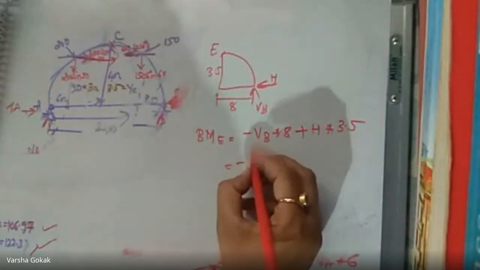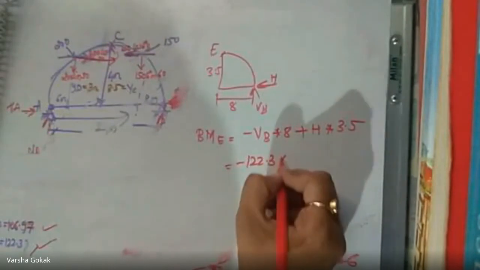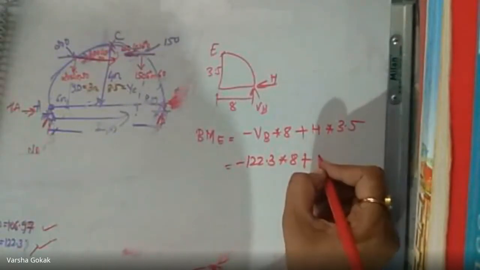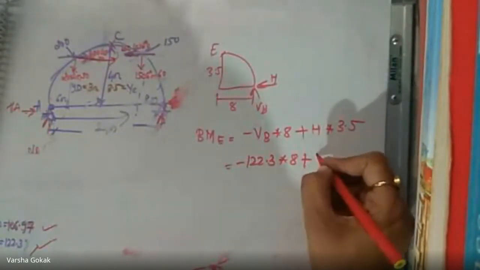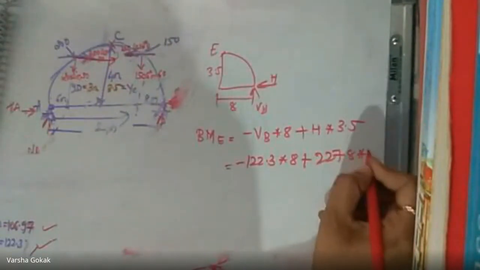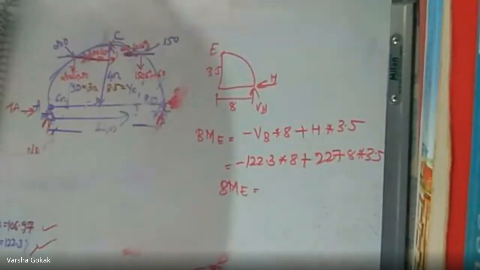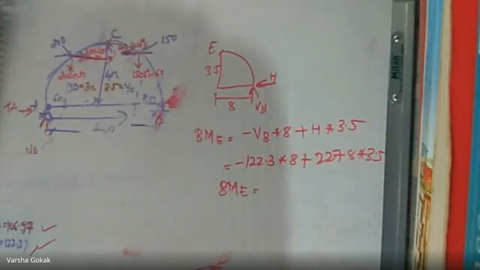So minus 122.3 into 8 plus H, how much was the H value? 227.8 into 3.5. What is the value of bending moment at E?